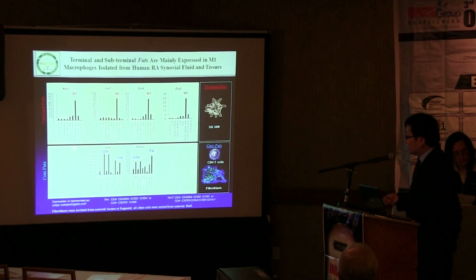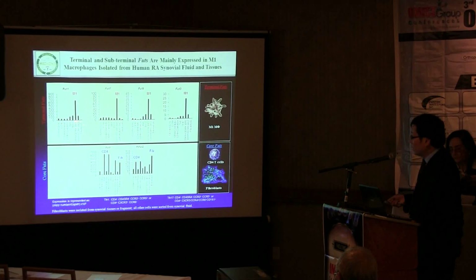We isolated different cell populations from synovial fluid from RA patients, including CD14 positive monocytes, total CD4, naive CD4, memory CD4, Th1, Th17, M1, M2 macrophage, and fibroblasts, and measured the expression of different fucosyltransferases by real-time PCR. And very interesting, the terminal FUTs are highly expressed in M1 macrophage, but not in M2 macrophage or T cell or monocyte or fibroblasts.